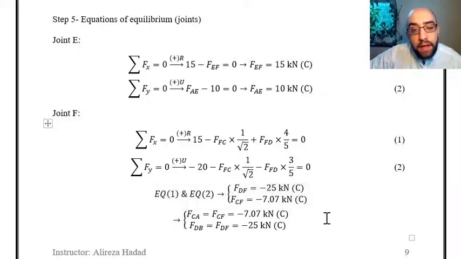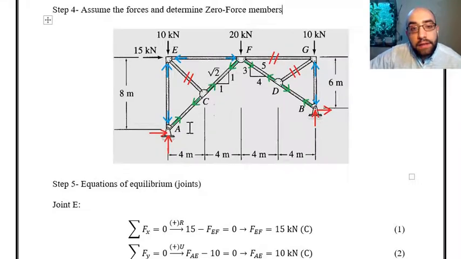And then after that, we have the forces in members CA and DB. As you can see, these members are exactly after these two members that we just solved. If you look at joint C and joint D, you can see CA is exactly after CF and DB is exactly after DF, and there is nothing else at the joint.